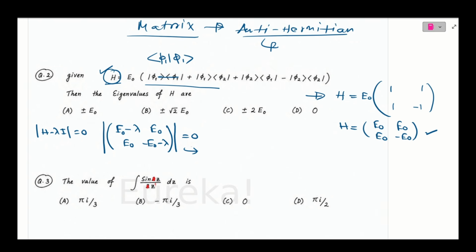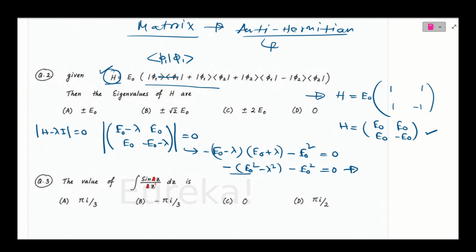So from here, if we take the negative sign common for this term, then it will be E naught minus lambda, E naught plus lambda, and minus E naught squared, that will be 0. So this is nothing but A minus B into A plus B. So minus E naught squared minus lambda squared minus E naught squared.